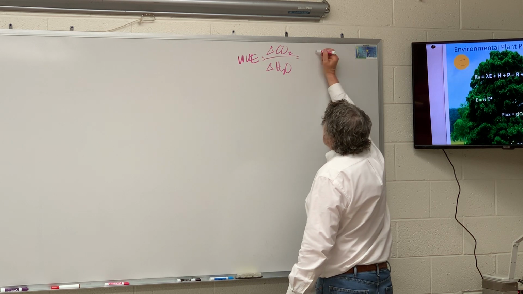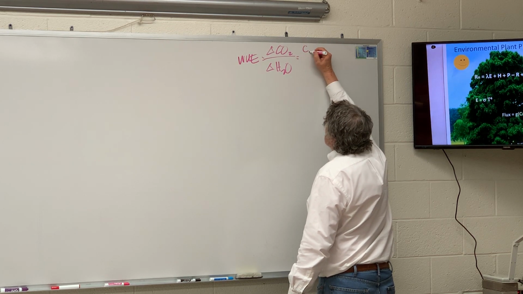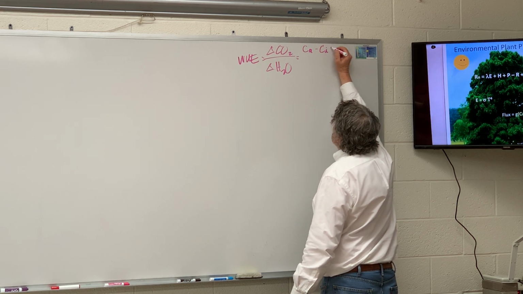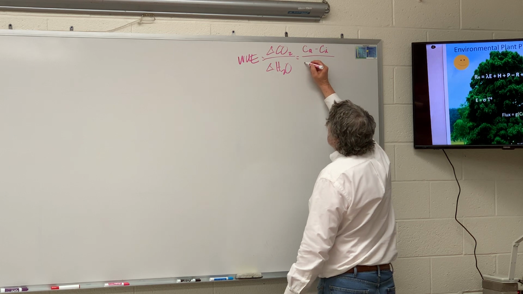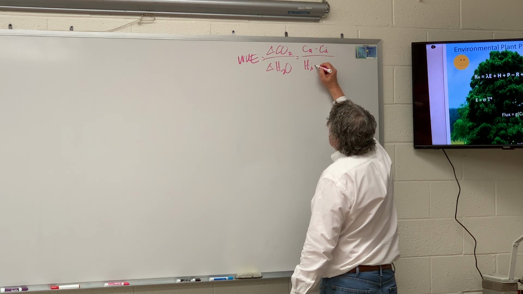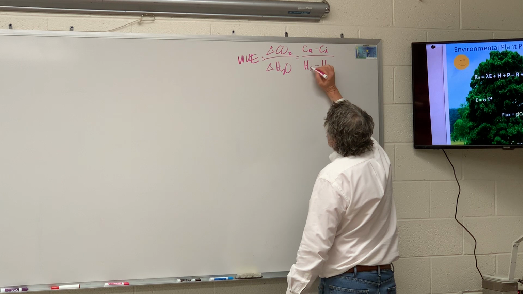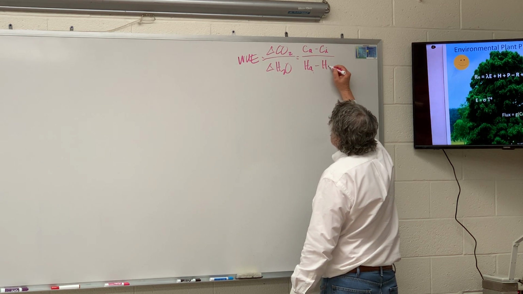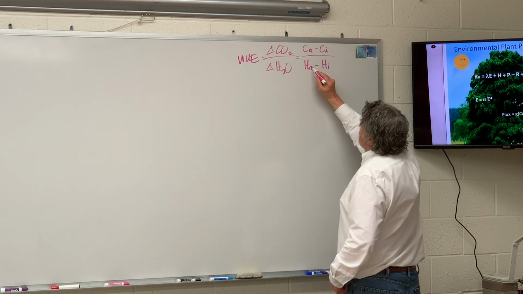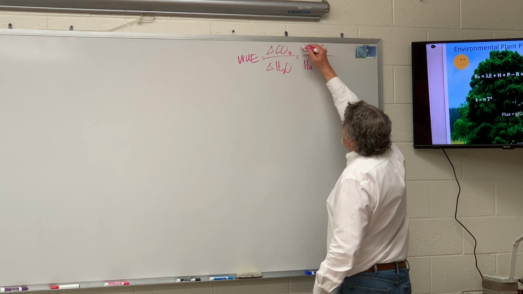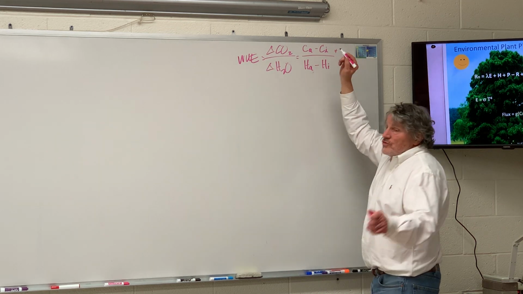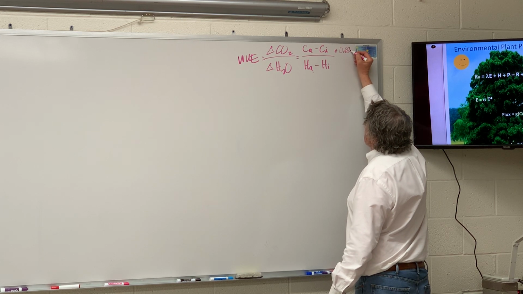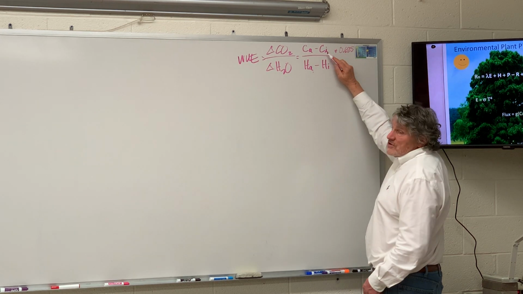Delta CO2 is Ca minus Ci, that gradient, and delta H2O is Hi minus Ha, in this case we put Ha minus Hi. And then of course, as you remember from the last lecture, this is times 0.625 because of the slowness of diffusion.